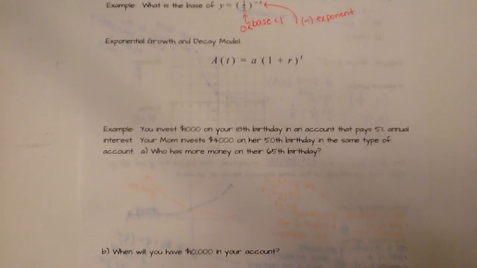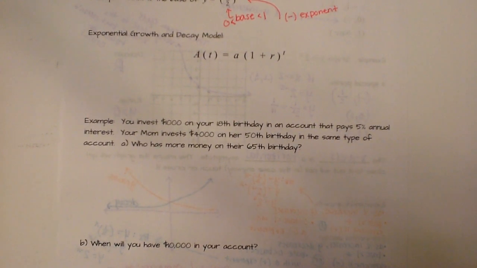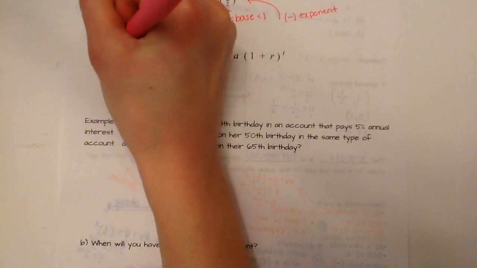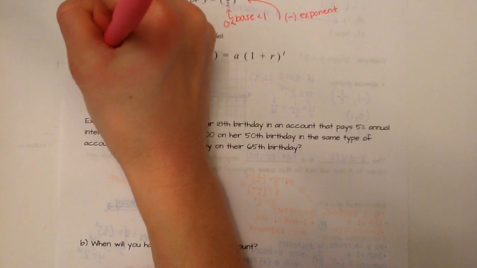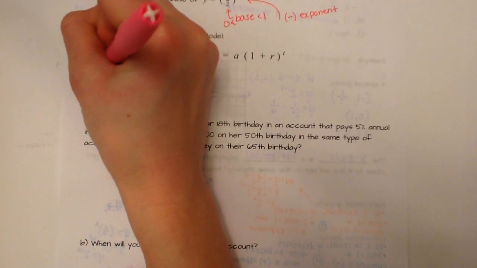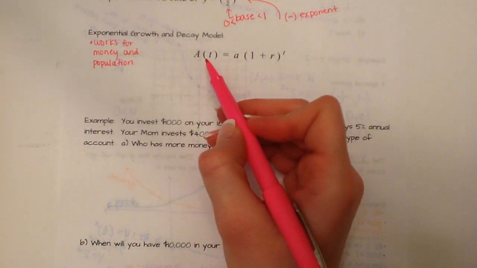Alright, so let's do an actual model or an example. So we have a decay model. This works for money, and it'll work for population. But in this case, we're going to talk about money. So we have A of t.